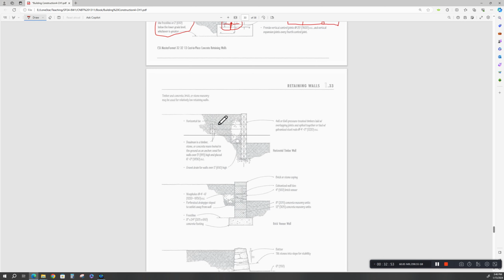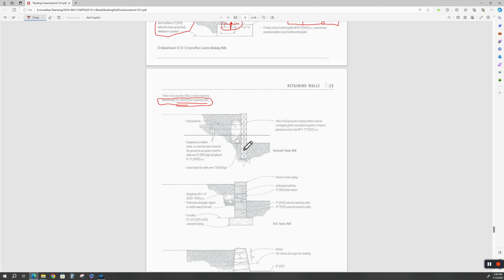Timber and concrete, brick, and stone masonry may be used for relatively low retaining walls, and retaining walls that you don't expect to be there forever. Okay, heavy timber, railroad cross ties.